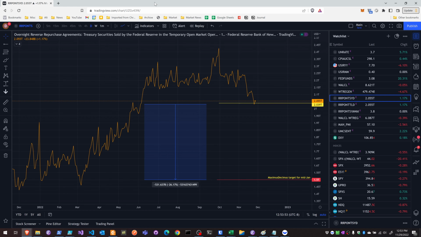Okay, and here's a chart of RRP for this year, starting at the beginning of the year. You can see here's where we're at now, right around 2.05 trillion. This measurement I draw on the screen is from a user on Twitter, Maximus Decimus, who's put the target for RRP in mid-January at this level, 1.5 trillion. That's a heck of a drawdown.